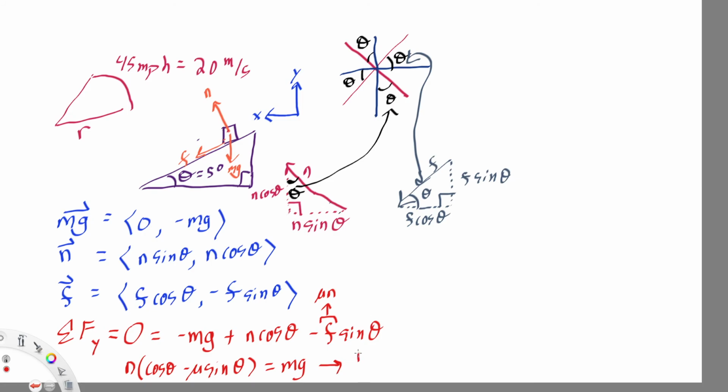So the amount of normal force must be mg over cosine theta minus mu sine theta. A little bit different than our flat on-ramp case.